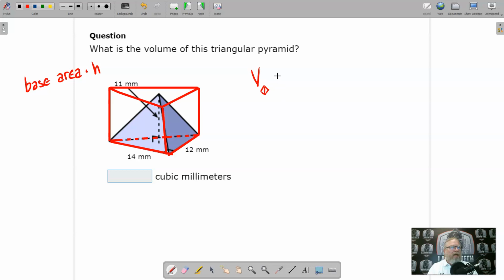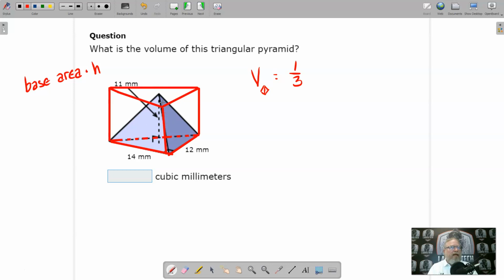Something like that. For the volume of a triangular pyramid, all pyramids have this 1/3 concept in them. We're going to have 1/3, right, of that. See that space in there? If it were a prism, only 1/3 of it is actually being filled by the pyramid itself.